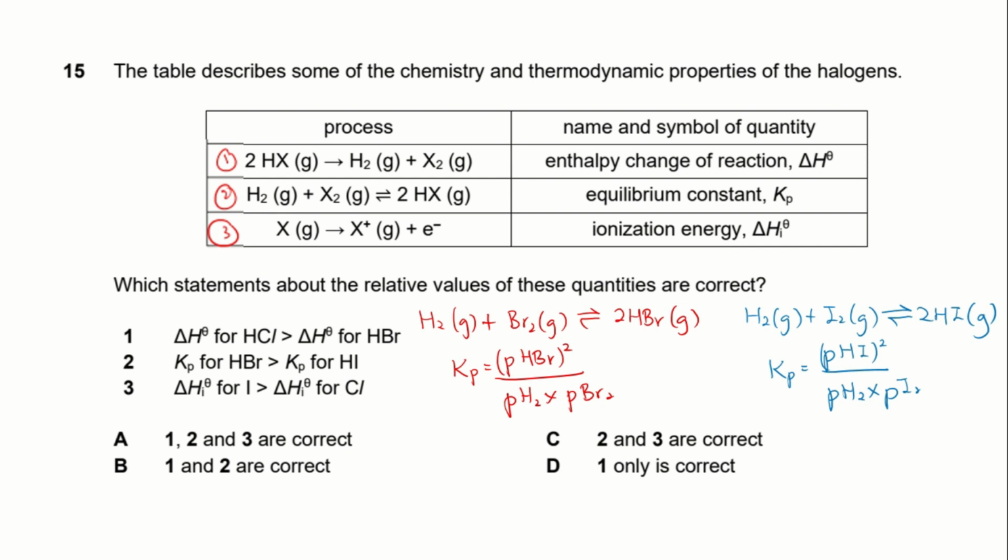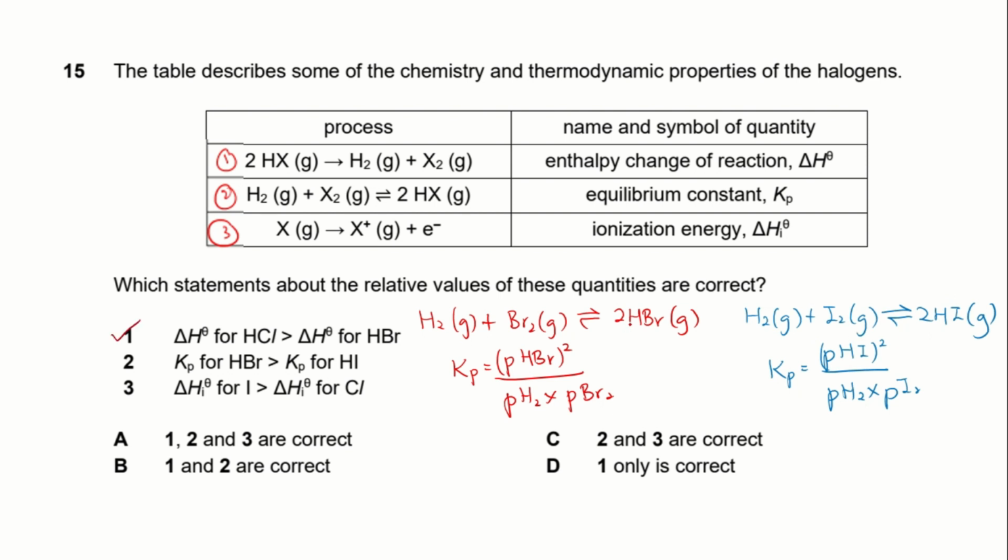Now the reason is because HBr bond is stronger than HI bond. So HBr needs more energy to decompose into hydrogen and bromine gas in the backward reaction. For HI, the HI bond is weaker, so the backward reaction needs less energy. HI is easier to be decomposed back to H2 and I2.